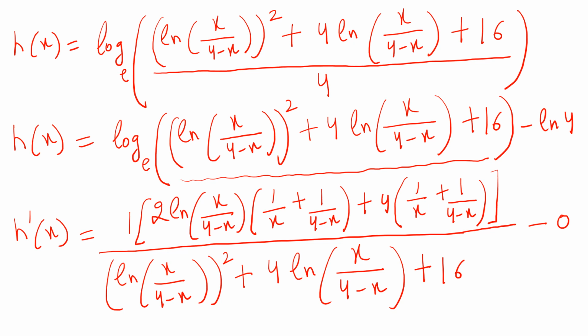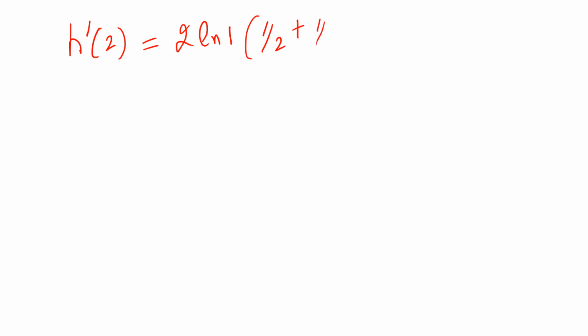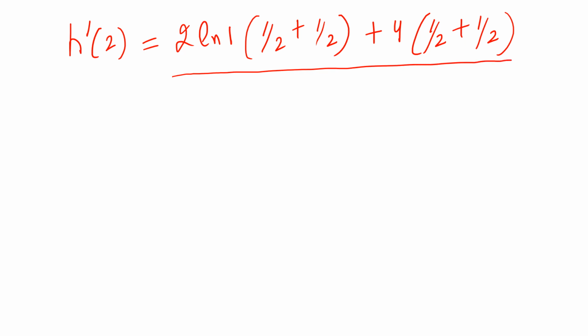We will just put x equal to 2 in this function and get the value of h dash 2. Now students, when we put x equal to 2 in the function h dash x, we get the value of h dash 2 equal to 2 times log natural of 1 into inside the bracket (1 by 2 plus 1 by 2) plus 4 times inside the bracket (1 by 2 plus 1 by 2), whole divided upon (log natural of 1) whole square plus 4 into log natural of 1 plus 16.